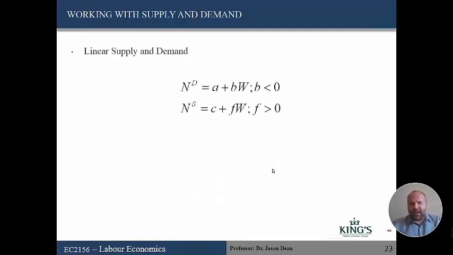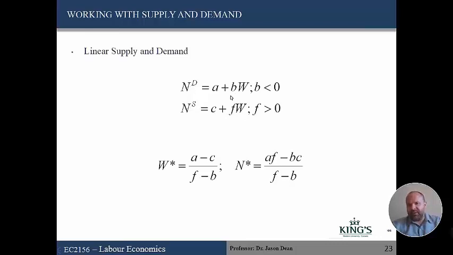If we do solve that, and I urge you to try to do this on your own for practice, we'll get this. If we have a labor demand curve which is linear, we have our intercept term plus the slope term times the wage, and for the supply curve we have C plus FW.